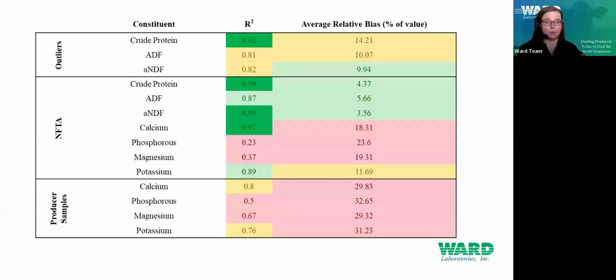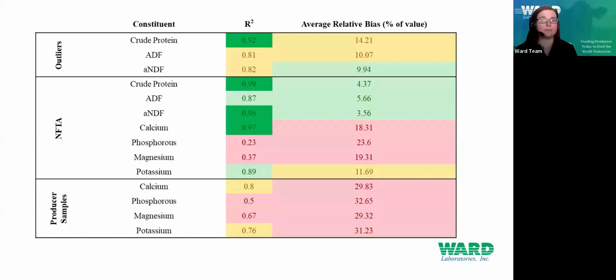Because these outliers are all run by those methods, what we found is that, based on the R squared and the average relative bias, they are actually fairly well correlated, and we would say that the NIR data coming off even on the outliers is good, accurate data. So that's excellent news, right? We can really trust the NIR for those macronutrients.